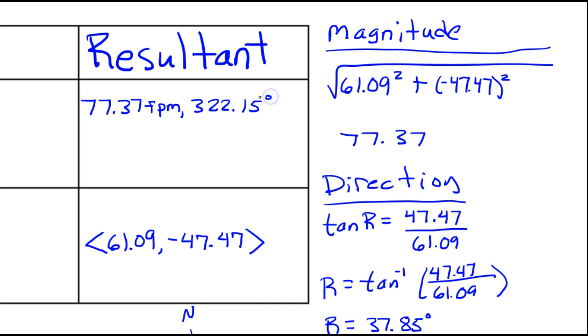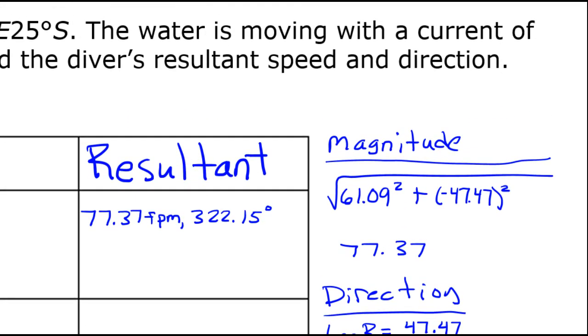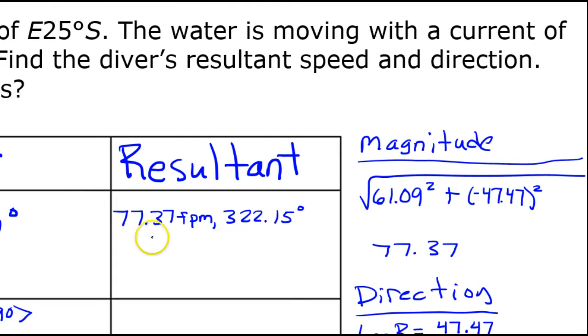322.15 degrees. But we must be careful with direction because there are 4 different methods that are used to report the direction of a vector. And in our final answer, we need to be careful to use the same type of direction that they gave in the original problem.